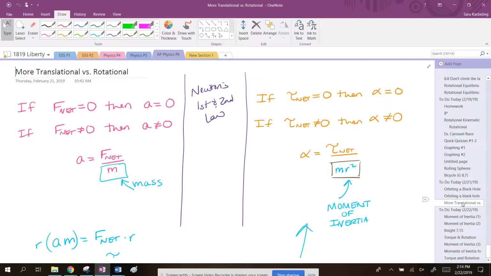I want you to keep that in mind as we move over here to the rotation business. So at the end of the day yesterday, we said, oh yeah, we're just going to write this down as kind of the rotational equivalent. So we said, if torque net is 0, then alpha, which is, what does alpha represent? Rotational acceleration equals 0. This is all of that rotational equilibrium stuff that we did, okay?